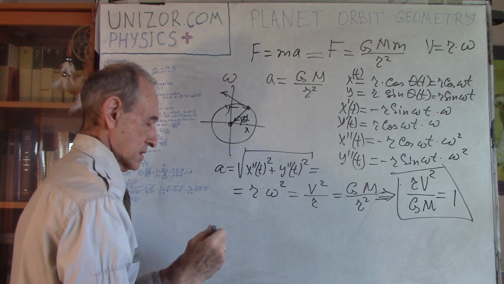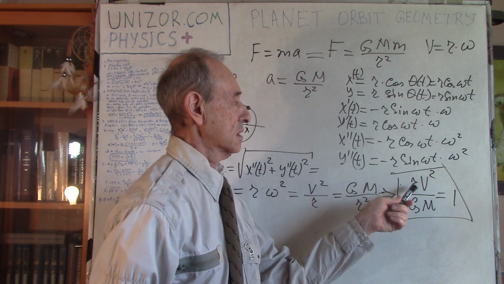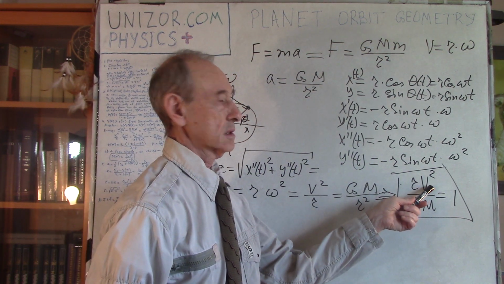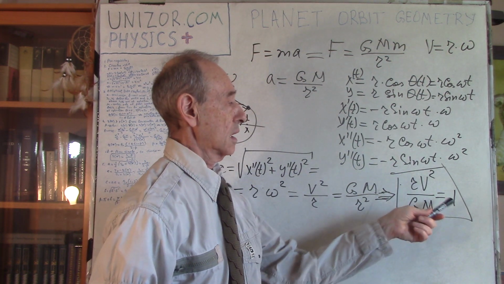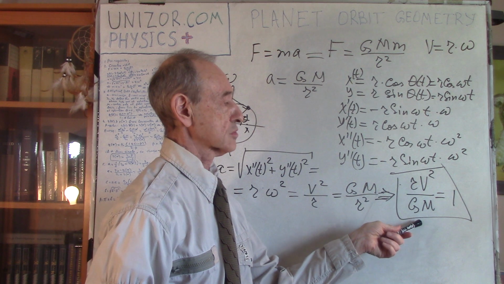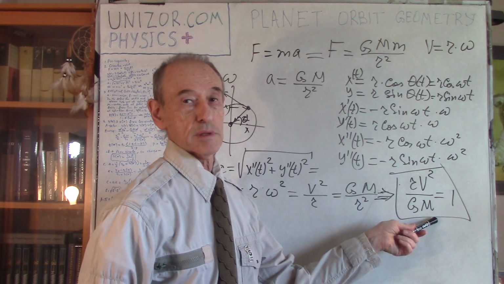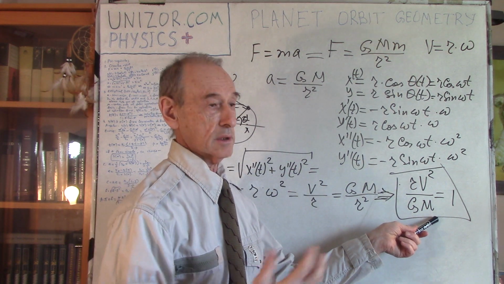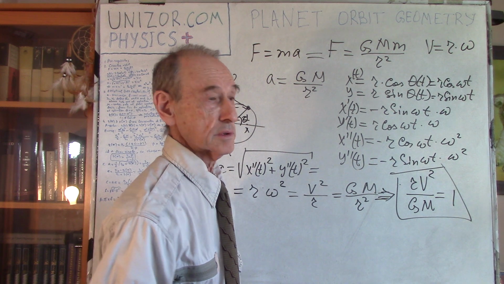Okay, so this is the formula which I wanted. This is a relationship between initial radius and initial linear velocity. It should be equal to g times m, the gravitational constant times the mass of a central body, like the Sun, for instance, which produces the field.